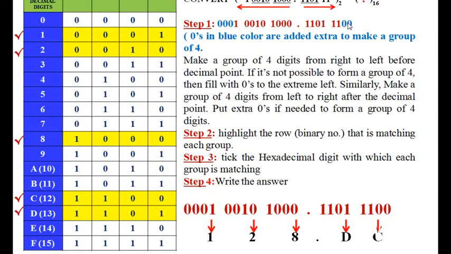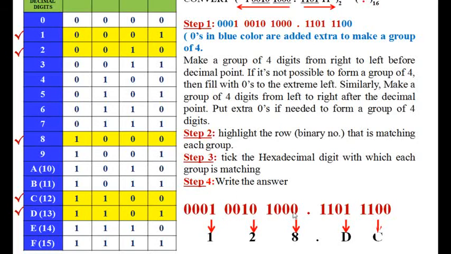The second step would be to highlight the row of the binary numbers that is matching with each group. The third step is tick the hexadecimal digits with which each group is matching. And the fourth step is to write the answer.